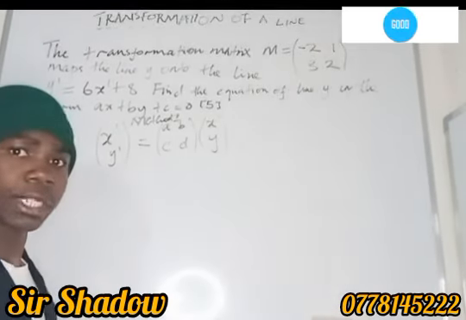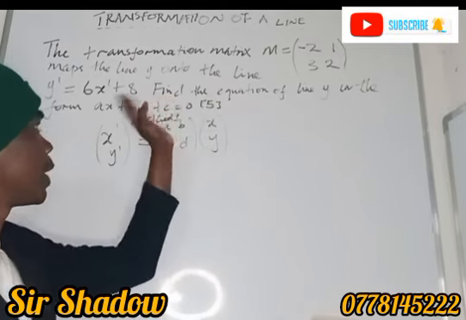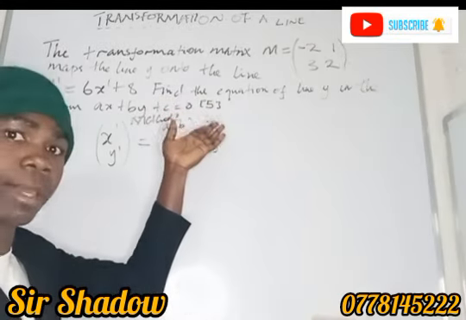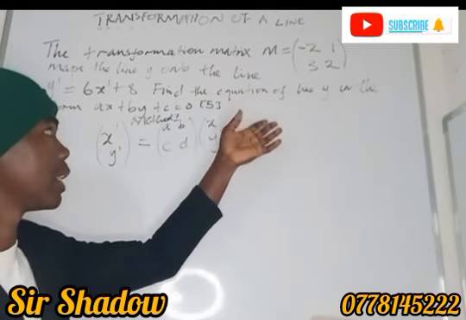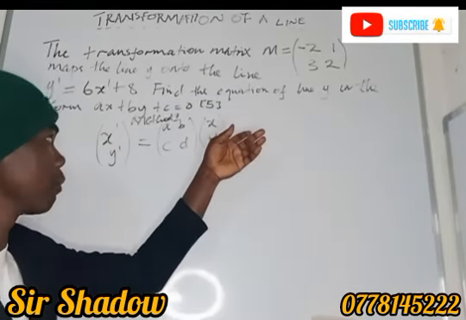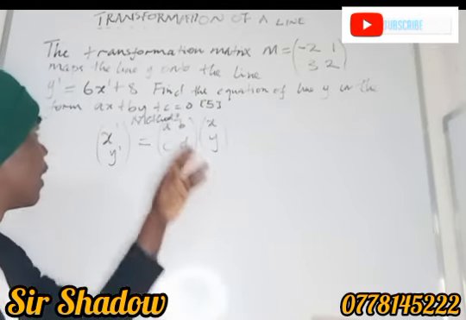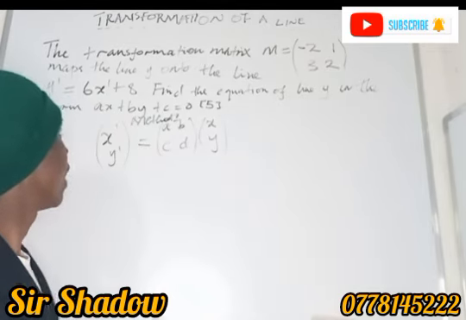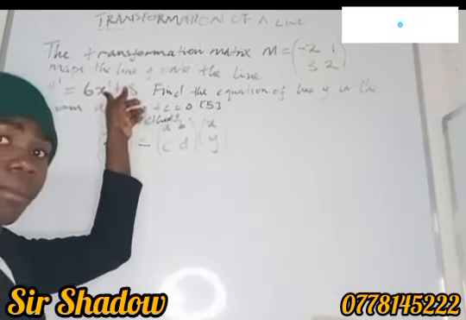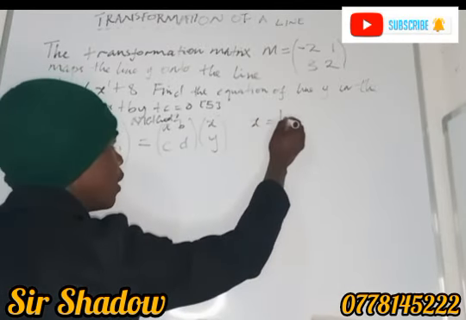For the first method, in order to find the equation of the object from the equation of the image and this matrix M, first thing, we have to let x prime be equals to k.